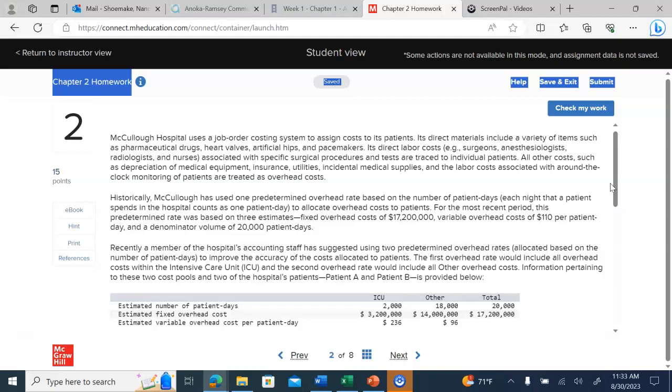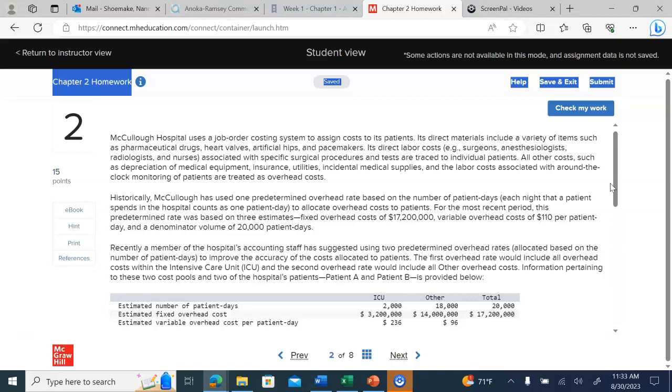A job order costing system to assign costs? Well, think about it. You have to assign costs to patients. If that patient has a certain procedure, that procedure, x-ray or drugs or whatever, gets assigned to that patient. So when the patient checks out, those are his bills. Does that make sense?